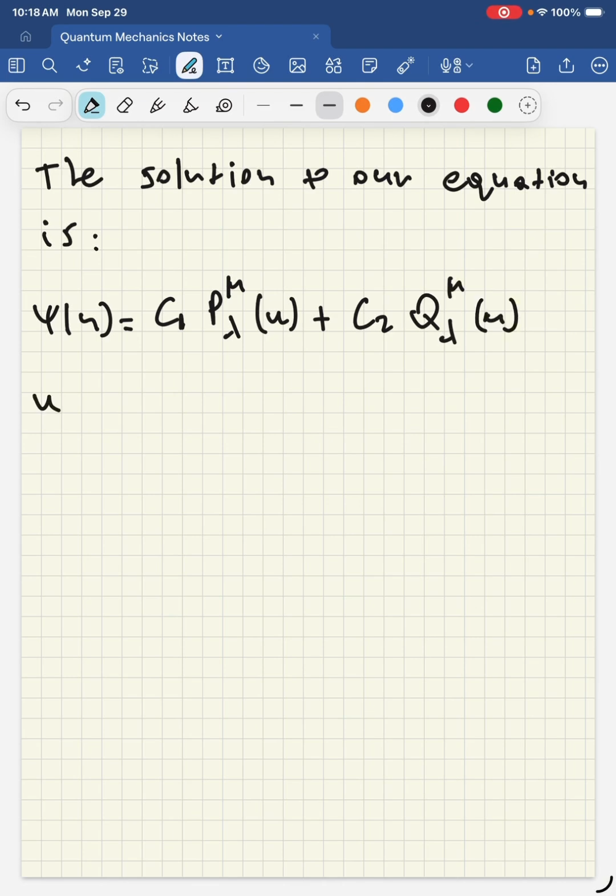But recall that u is the hyperbolic tangent of x. Okay, u goes from minus 1 to 1.